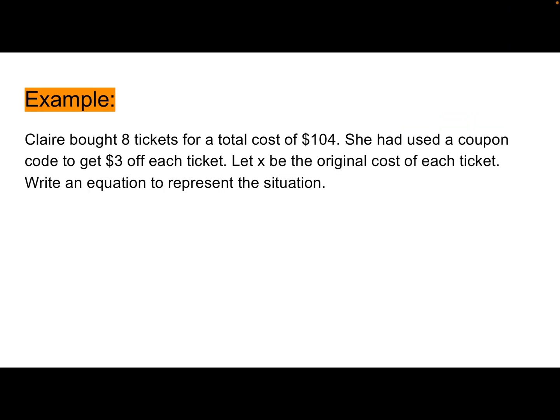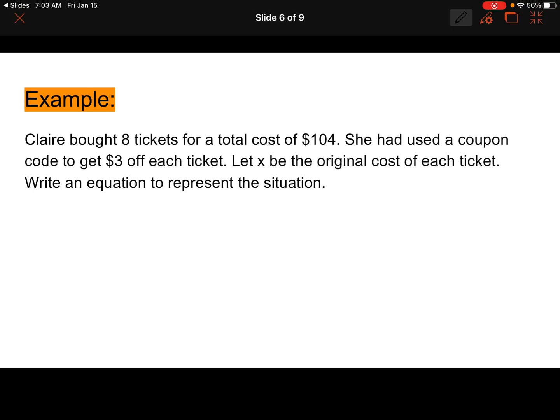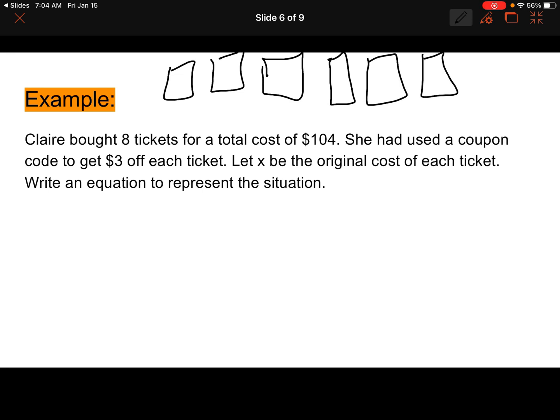All right, next question. Claire bought 8 tickets for a total cost of $104. She used a coupon code to get $3 off each ticket. Let x be the original cost of each ticket, and we want to write an equation to represent the situation. So she bought 8 tickets, right? So we have 8 total: 1, 2, 3, 4, 5, 6, 7, 8.